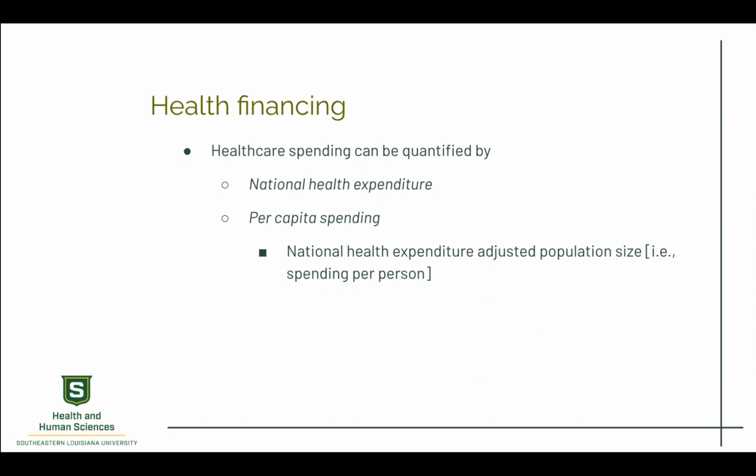Let me use an example: if you're earning $5,000 and you have 10 people that are going to live off this $5,000, it's not the same thing as someone who has $5,000 and there's only going to be three people who are going to live off it.